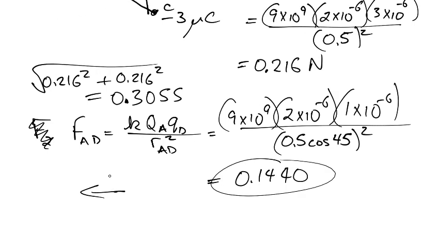So we have 0.144 to the left, and we also have 0.3055 to the right. Now if we subtract those, we will get an answer of 0.1615.